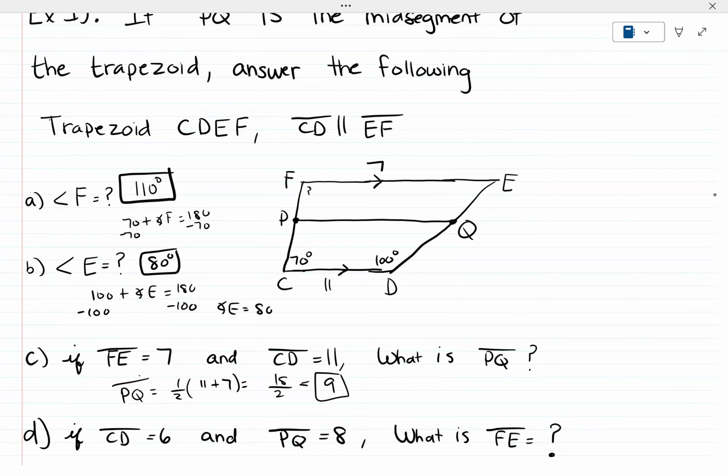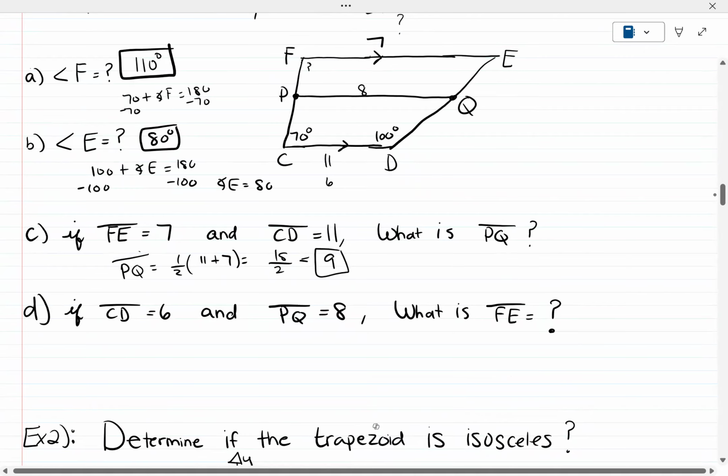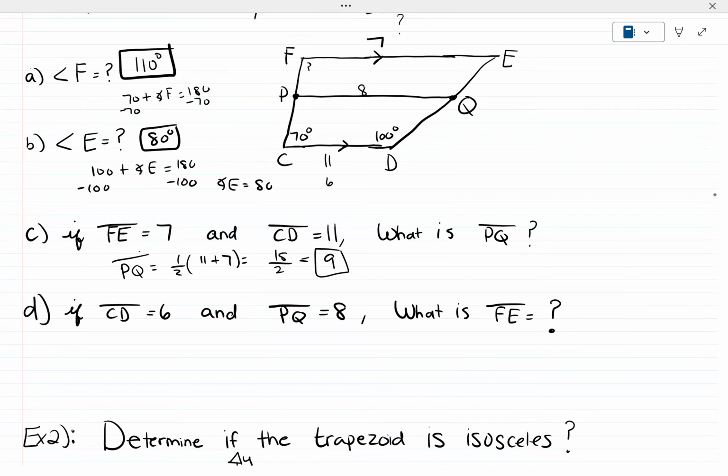Okay, let's do letter D. If line segment CD is 6 and line segment PQ is 8, what is the length of FE? PQ is still a mid-segment, so line segment PQ is equal to 1/2 of the sum of the two bases.